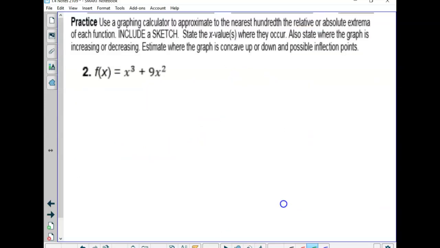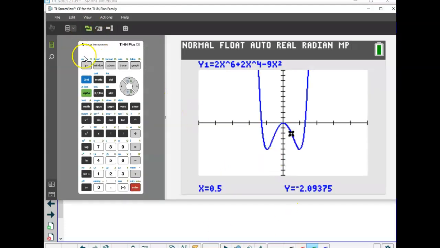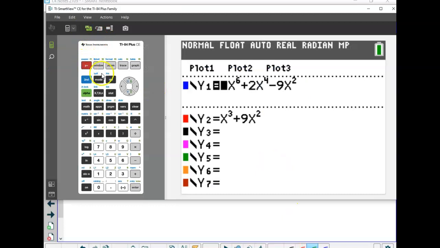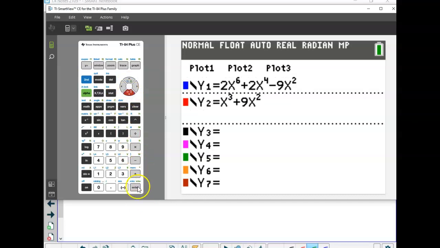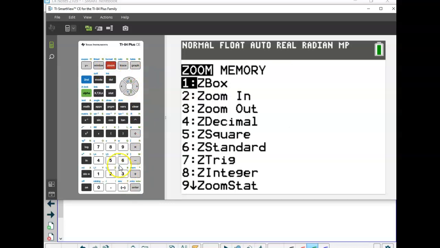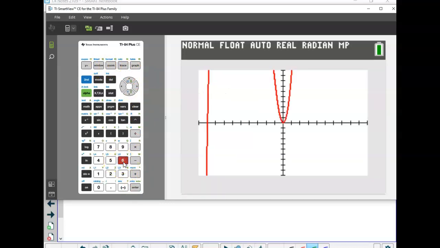All right, one more. Number 2. Number 2 is different because it's not an even function. I'm going to go back to my standard window. Oh dear. Does anybody else get a really bad window?